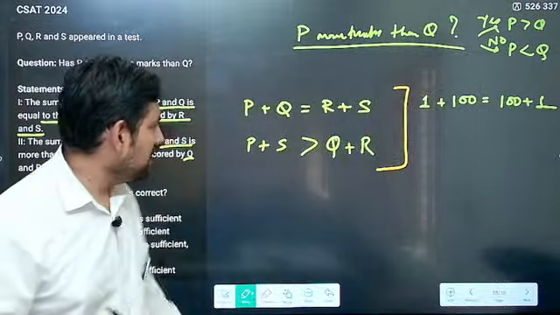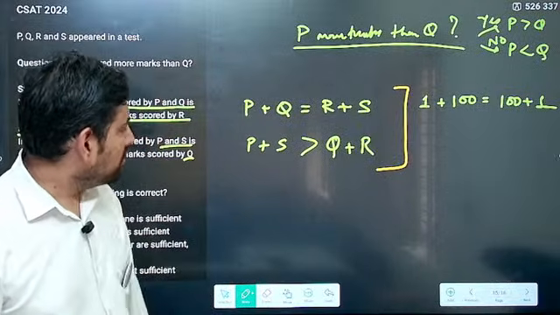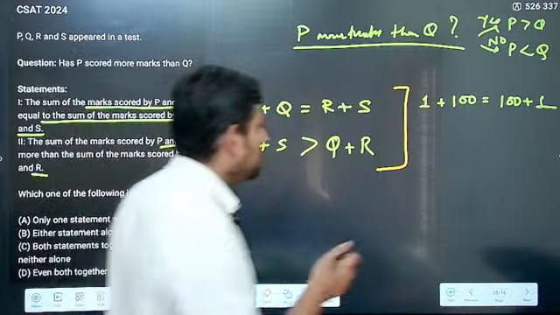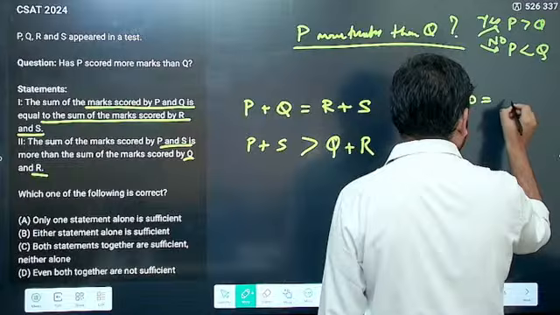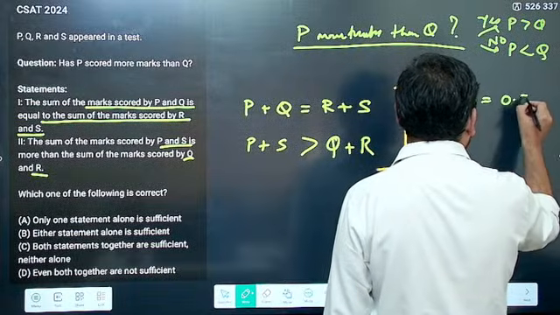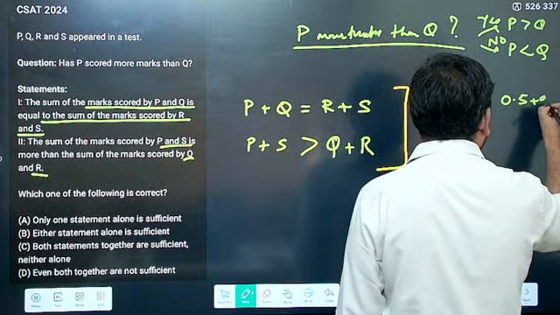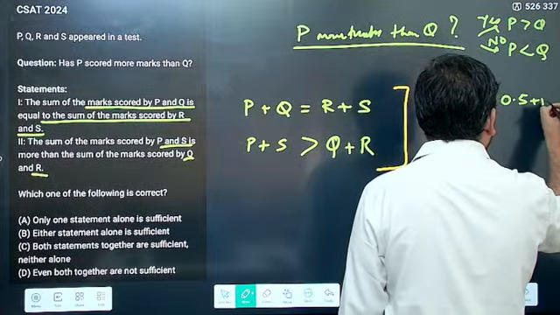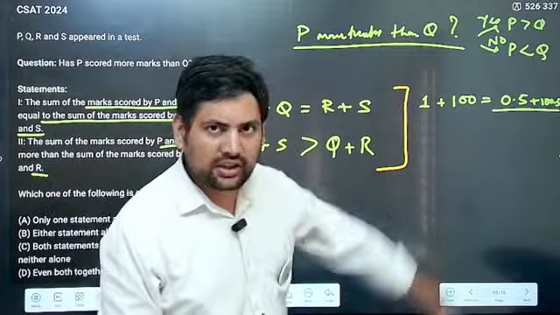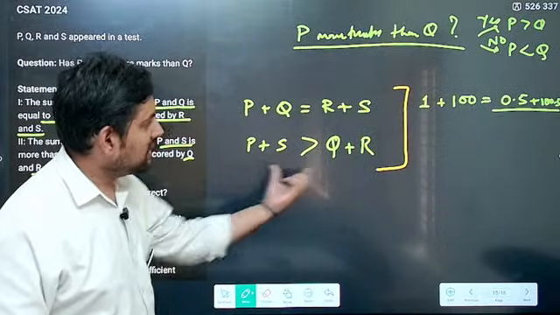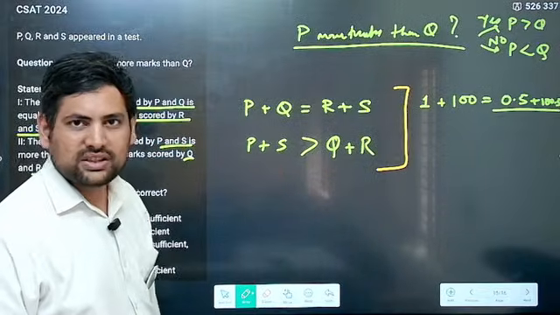Fine, this is possible. Then P plus S has to be greater than Q plus R. So let's take this smaller, 0.5, and this 100.5. Correct? This also holds. Same thing, 101, 101. Now, very clearly P plus S becomes greater than Q plus R.